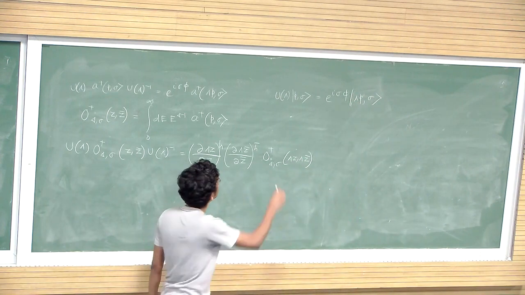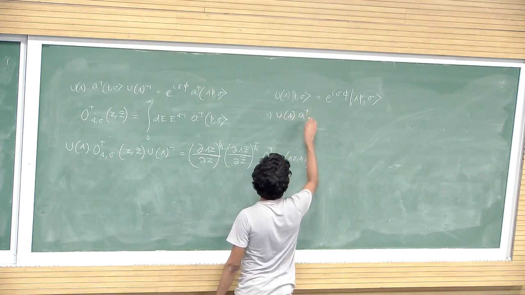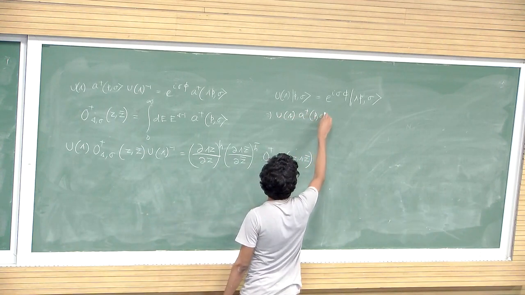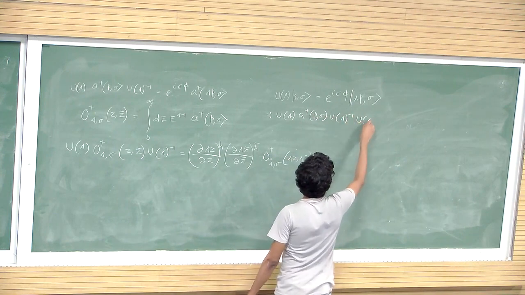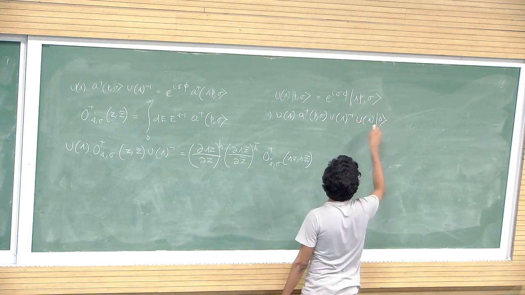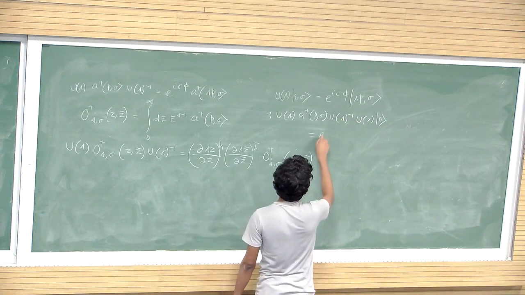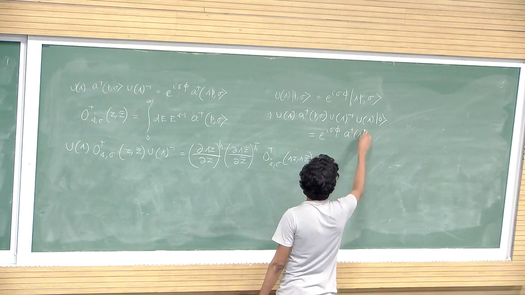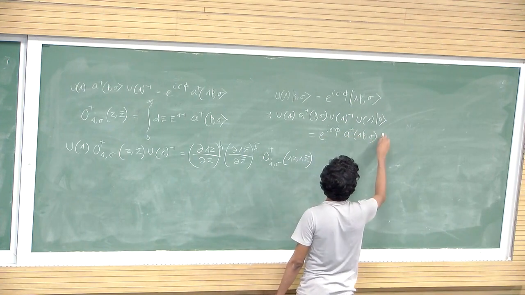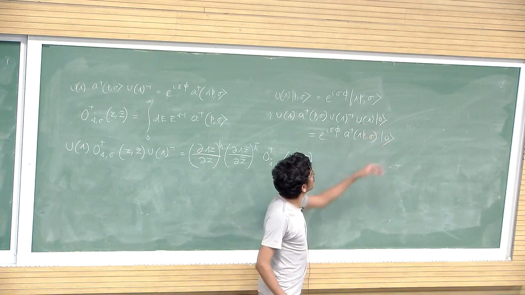Now actually you can write this as u of lambda a dagger p comma sigma u lambda inverse, u lambda acting on the vacuum. Here also you can write in that way, phi a dagger lambda p comma sigma on the vacuum, and this vacuum is invariant under u lambda.